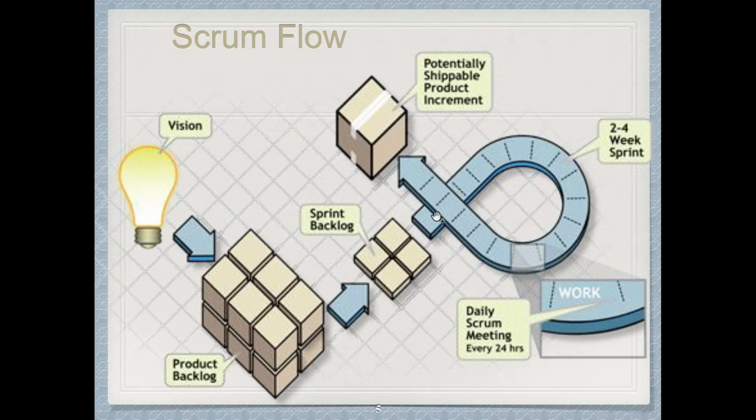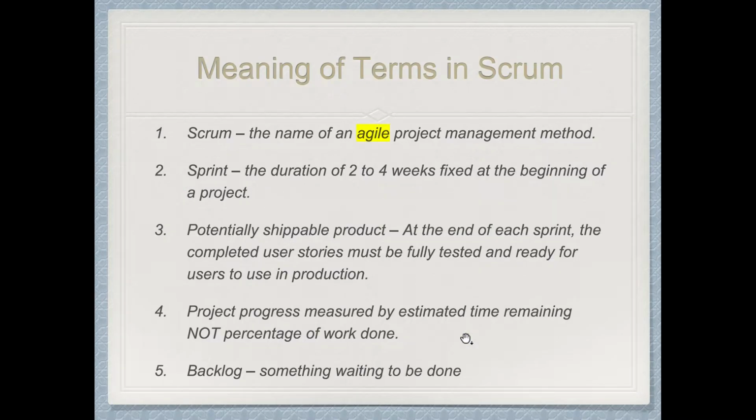So we select them and we go through it, and at the end we fully tested something, and we will potentially give the customers the finished software. So in other words, our product is ready to be released, like with an update. And every 24 hours, every day, we would have a daily Scrum meeting. So that takes us to our next topic of different kinds of meetings.